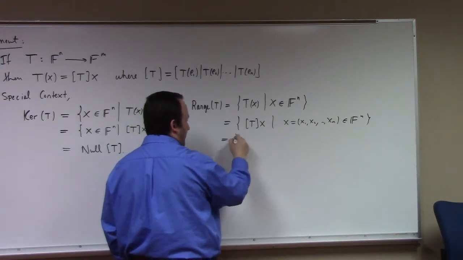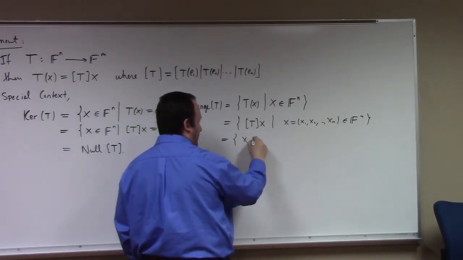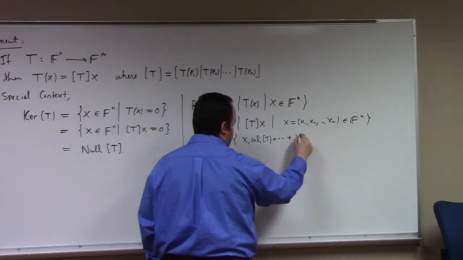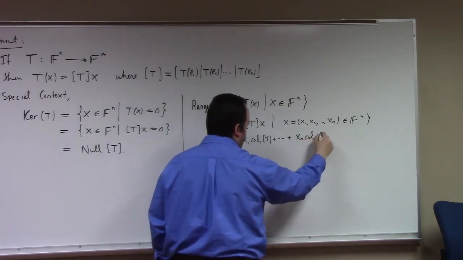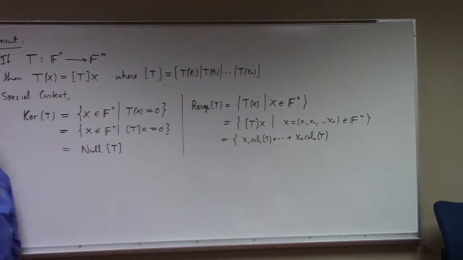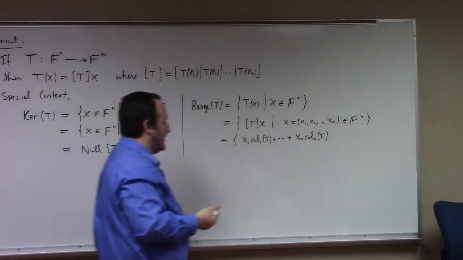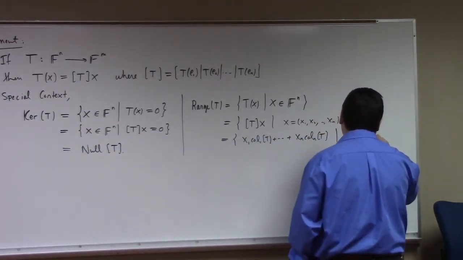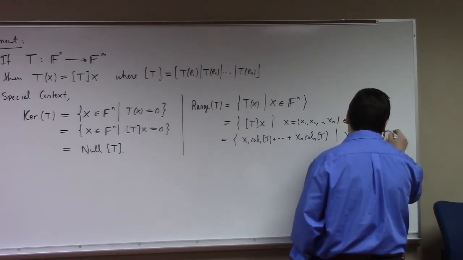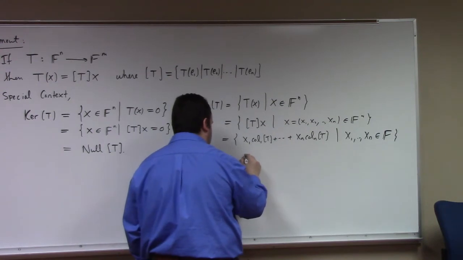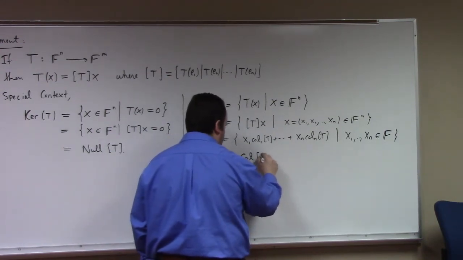What that really is, if you write it out, is x1 times column 1 of T, up to xn times column n of T, am I right? That's what the matrix column product is. It's a linear combination of the columns of the matrix, right? So we're looking at an arbitrary span of the columns of the standard matrix. This is actually nothing more than the column space of the standard matrix.